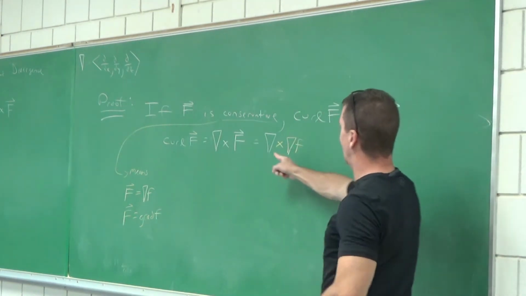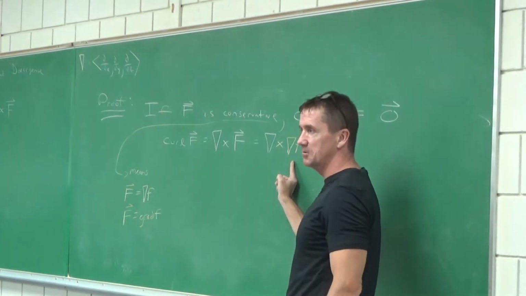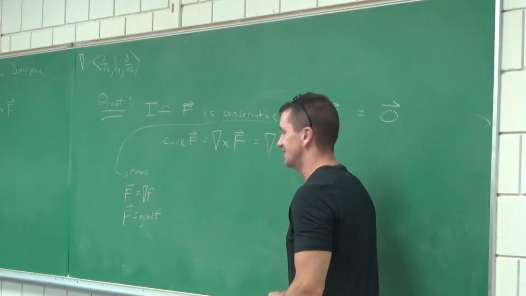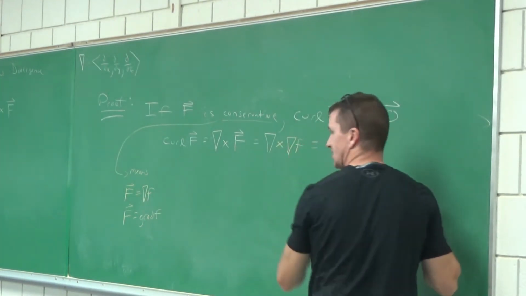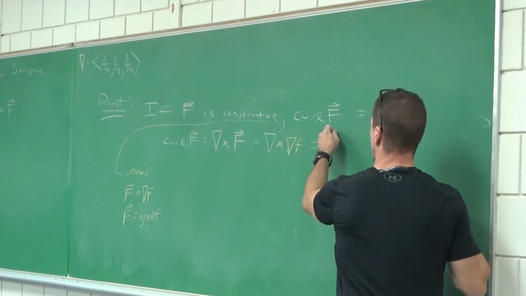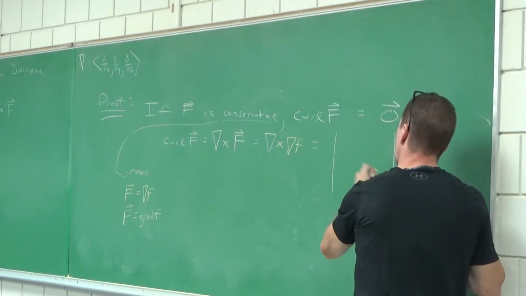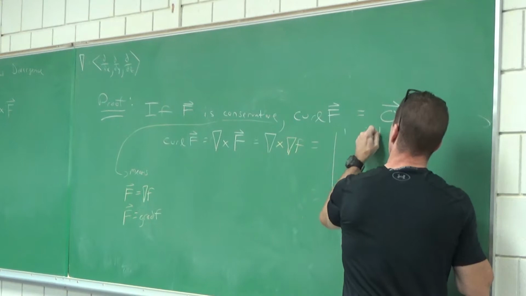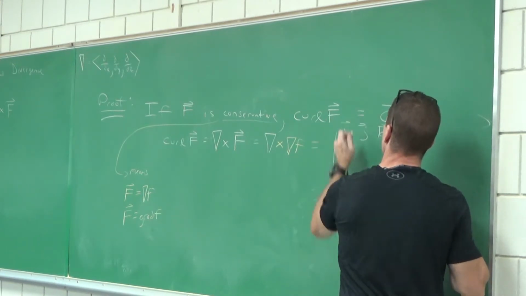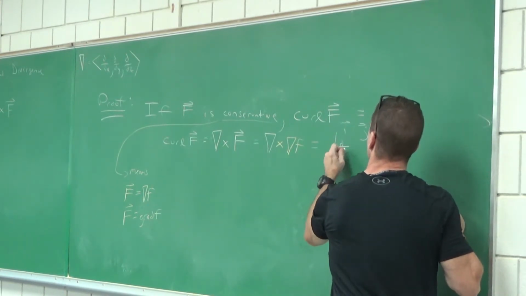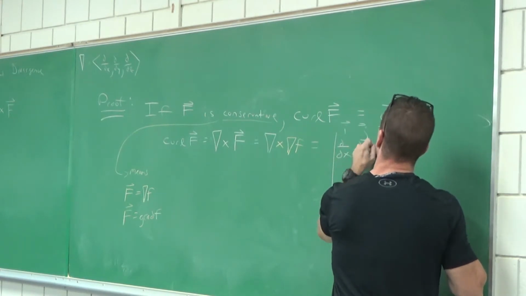Let's do the math on this and let's see what we get. All right, this is fun. I think you'll find it to be an easy proof. I'll line it up. i, j, k, del/del x, del/del y, del/del z.